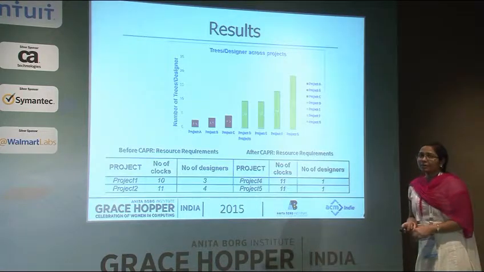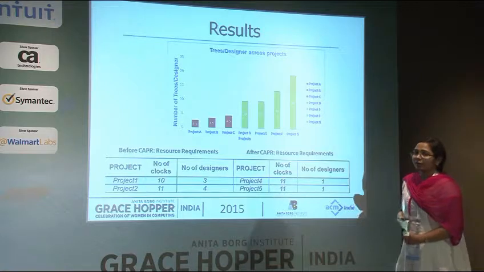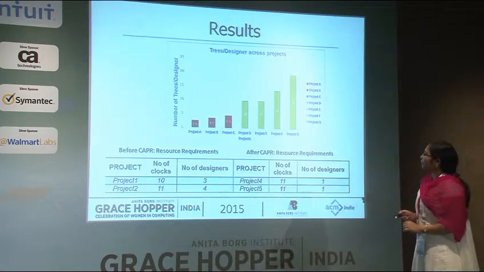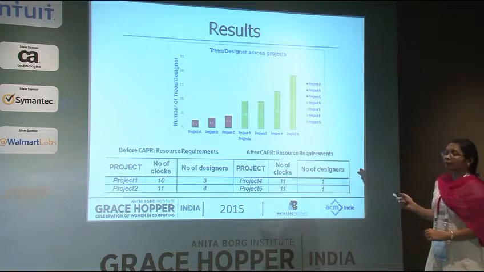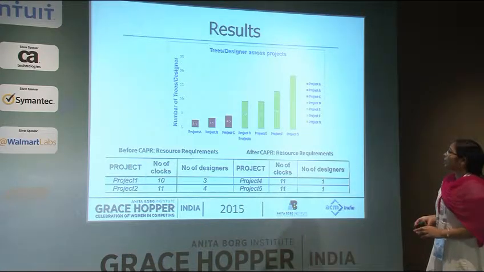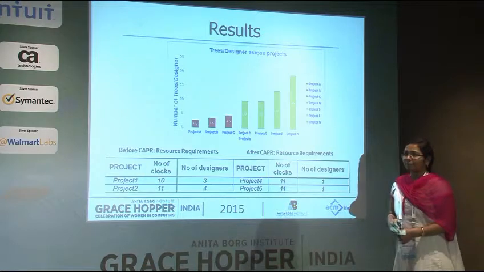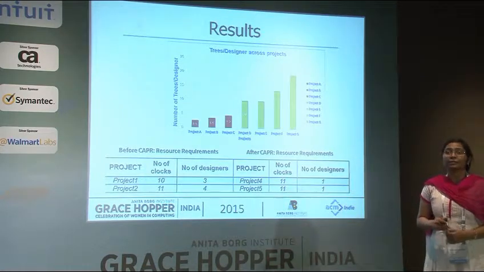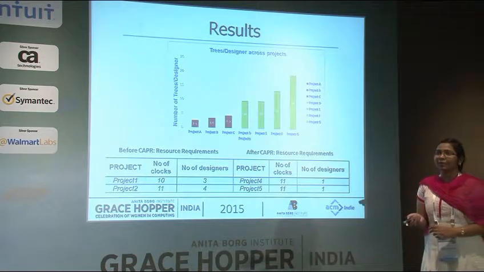We have worked on multiple projects, and I would like to compare similar projects. Before Capper, 2 to 5 trees were handled by the designer within a given time frame.